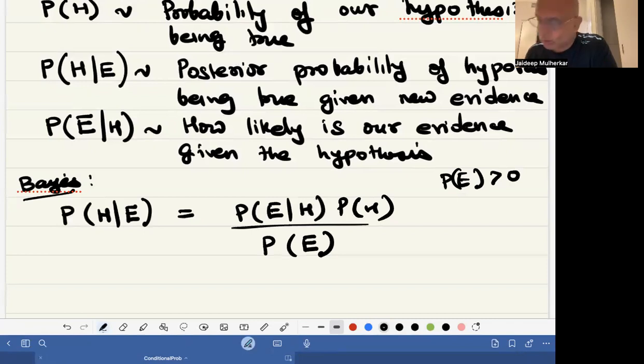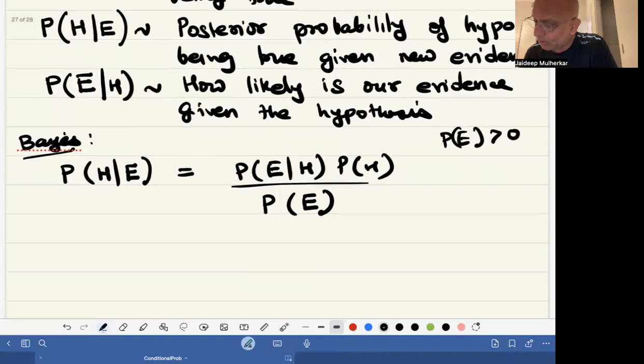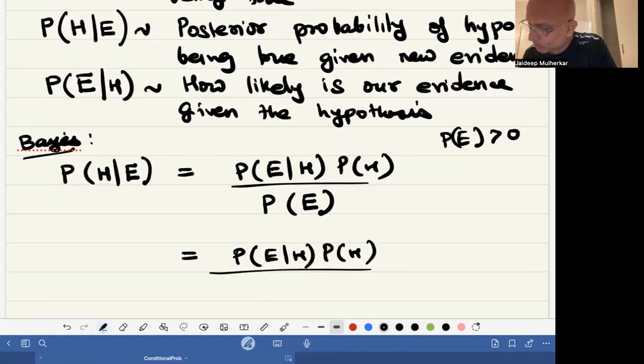But we can actually refine it by using the law of total probability. I can write P of E as, so here I'm just writing the law of total probability.